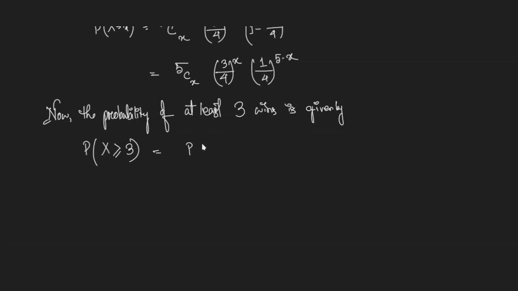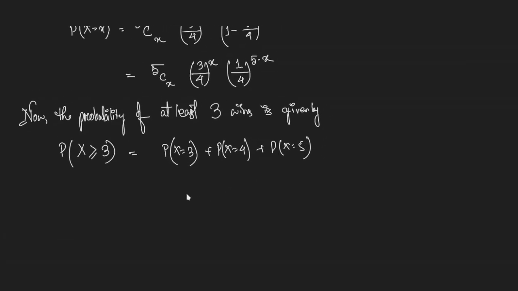That means X equal to 3, X equal to 4, and X equal to 5, because only 5 games were played, so it cannot be more than that.